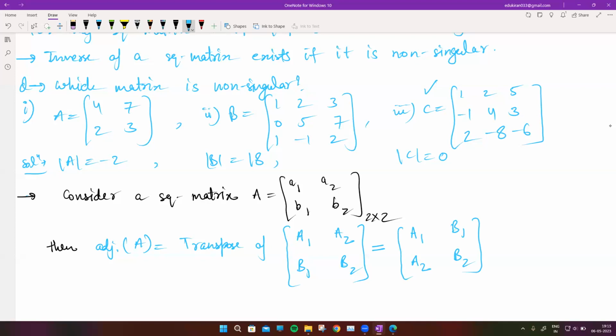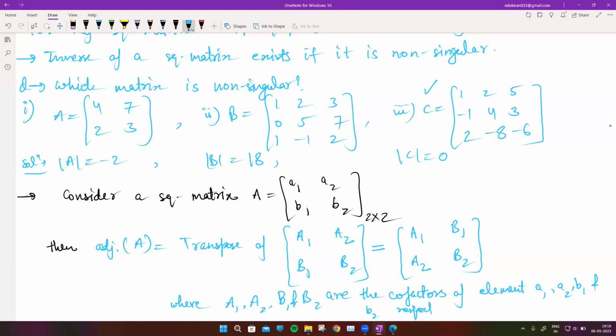Now what are these capital A1, capital A2, capital B1 and capital B2? These are the cofactors of the elements a1, a2, b1 and b2 respectively.